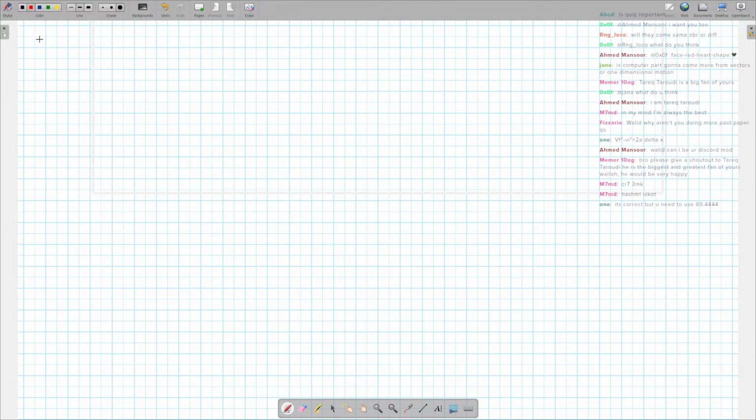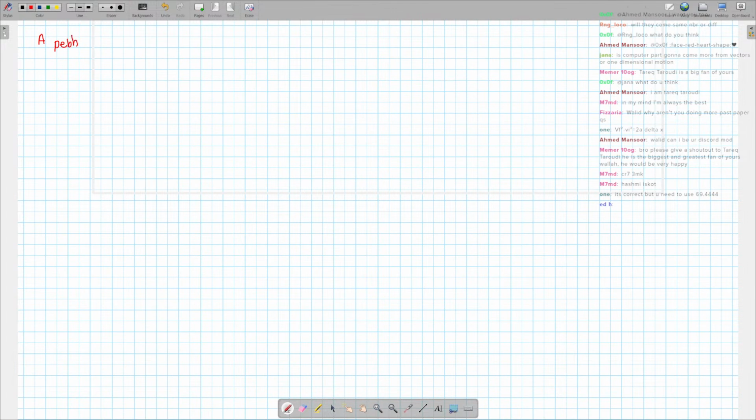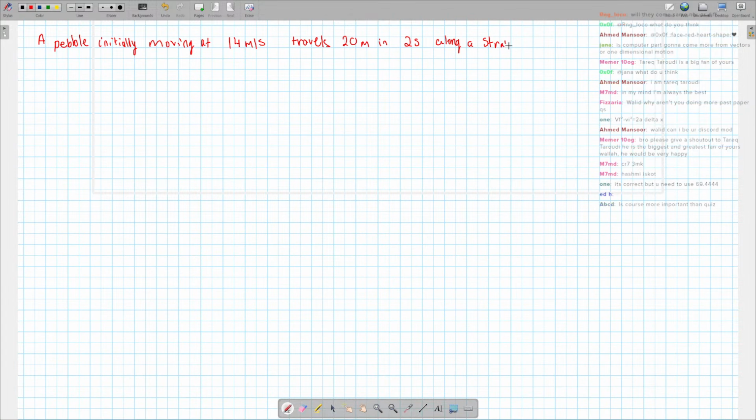A pebble initially moving at 14 meter per second travels 20 meters in 2 seconds along a straight line with constant acceleration.